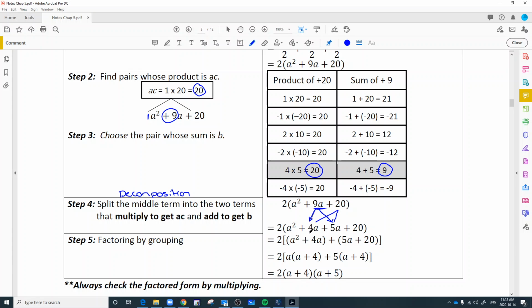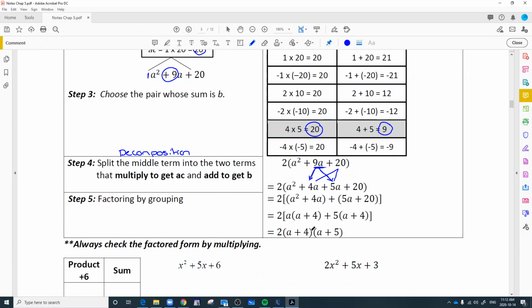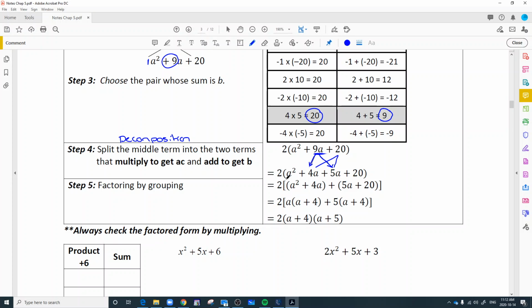And now we're reverting to 5.1, objective 2. We have 4 terms, so we're going to factor these by grouping. So you can see here I've grouped them. We've got a squared and 4a, and we've got 5a and 20. Out of this first group, I can greatest common factor out an a to be left with a plus 4. Out of the second group, I can factor out a positive 5, to be left with a plus 4.